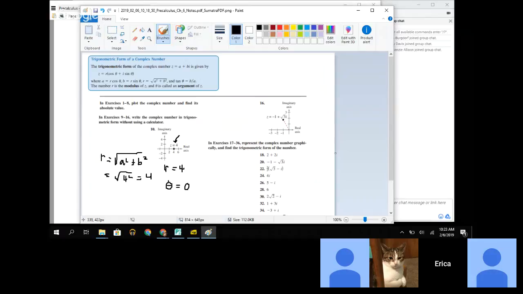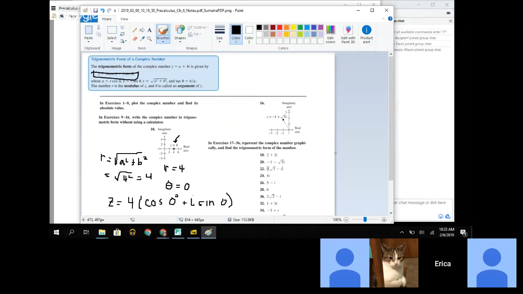So if I was to write this number in trig form, I would say that z equals our r value, which is 4, times the cosine of 0 degrees plus i times the sine of 0 degrees.